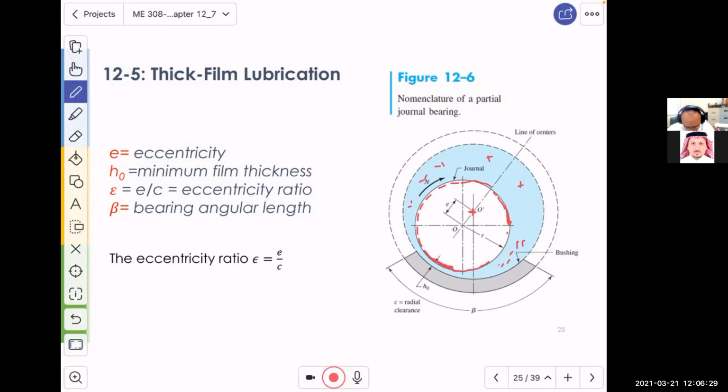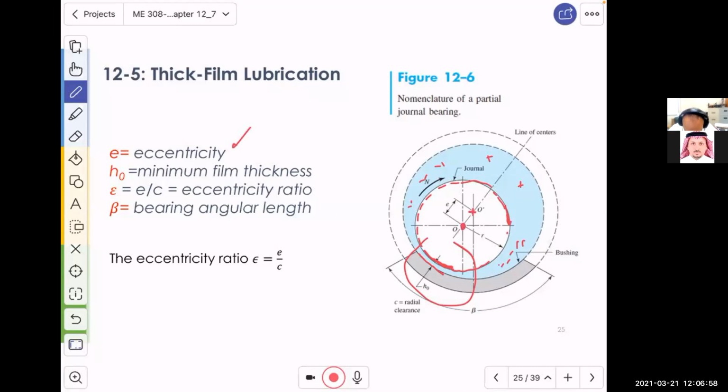But if we focus on this spot, the tiny strip, one surface is fixed and the other is rotating. It's like the fluid is being pulled and pushed away. Do you understand? The difference in pressure causes the journal to move a little to the left side. This is the new center of the journal.